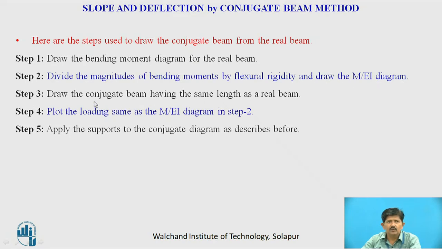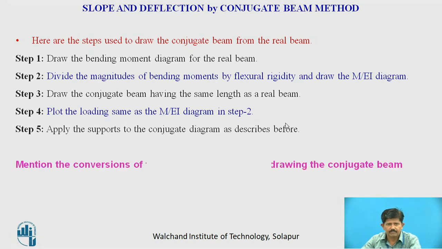Then draw a conjugate beam having the same length as that of the real beam. Plot the loading same as the M upon EI diagram, as we have seen in step 2. Then apply the supports to the conjugate beam as described in the previous slide.